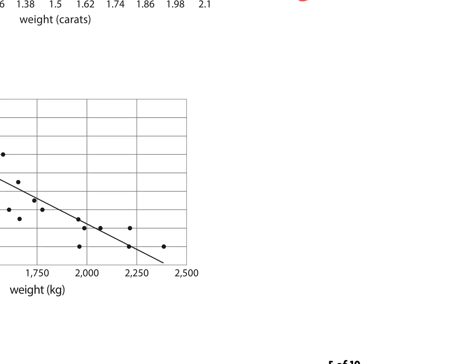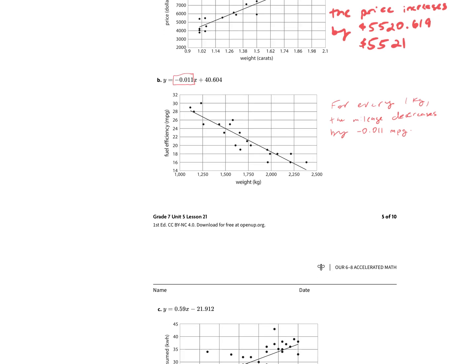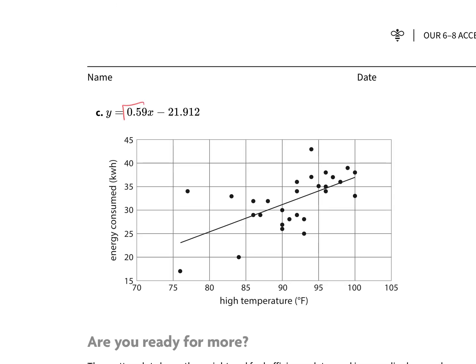So we would say for every 1 kilogram, the mileage decreases by negative 0.011 miles per gallon.